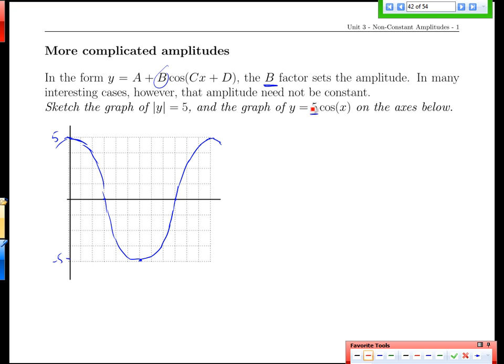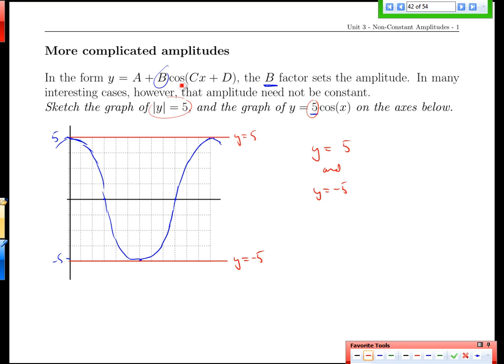And let's take that 5 and ask ourselves, what's the graph of y equals 5 and y equals negative 5? That graph would be these two horizontal lines. Y equals 5, y equals negative 5.